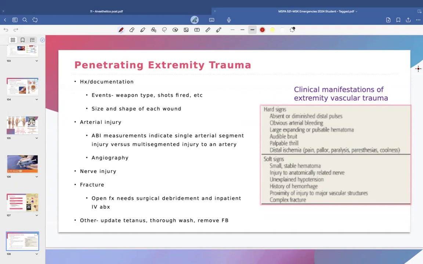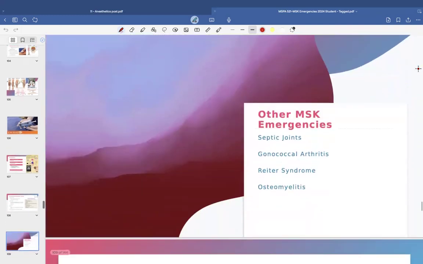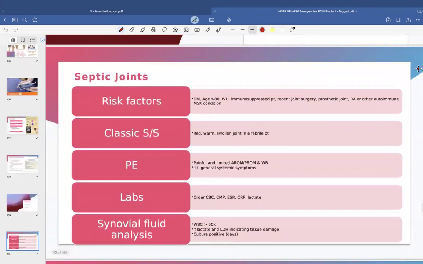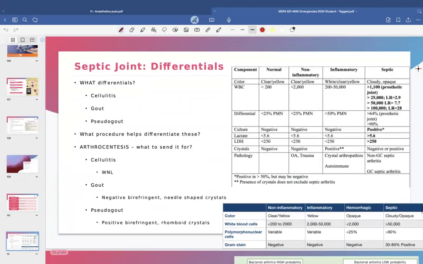What you would want is getting a sample of the joint fluid. Your white count is gonna jump up above 50K. You might see a high lactate or LDH as well. The cultures will usually populate pretty quickly, but it may take a few days to get back a differential on your septic joint.